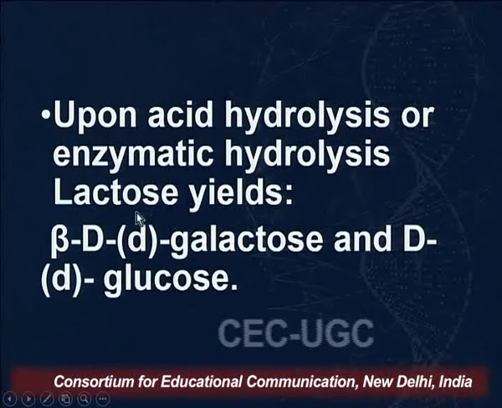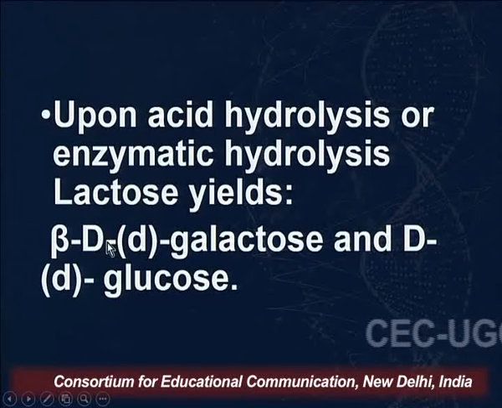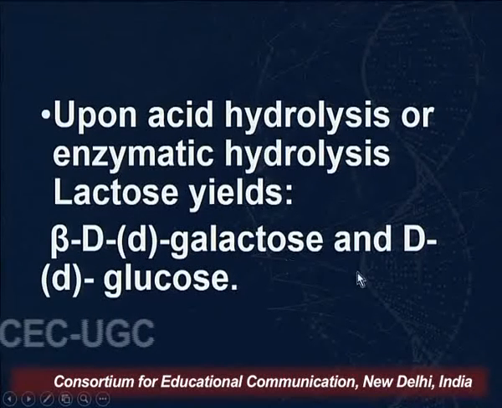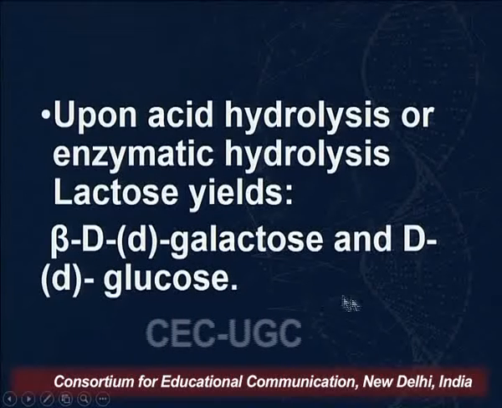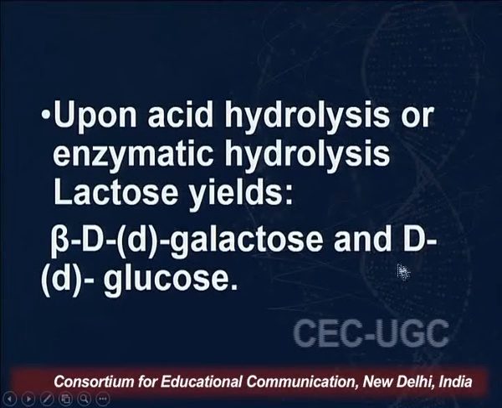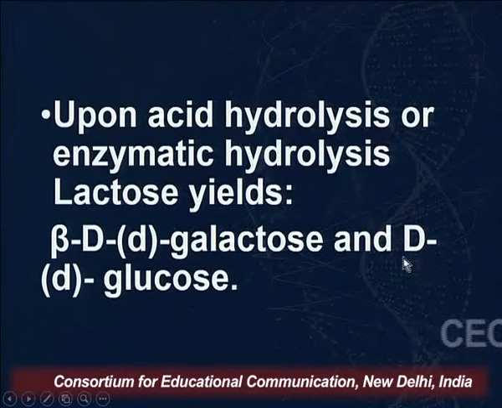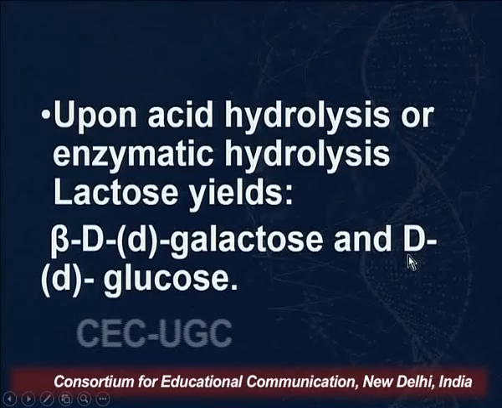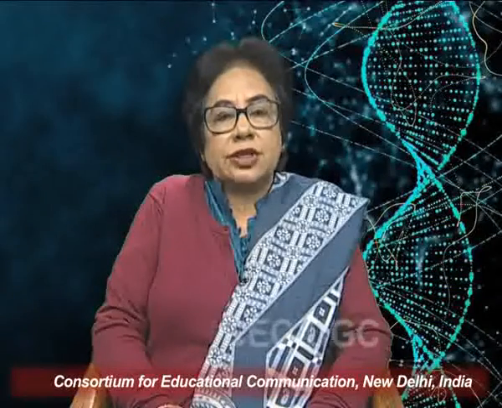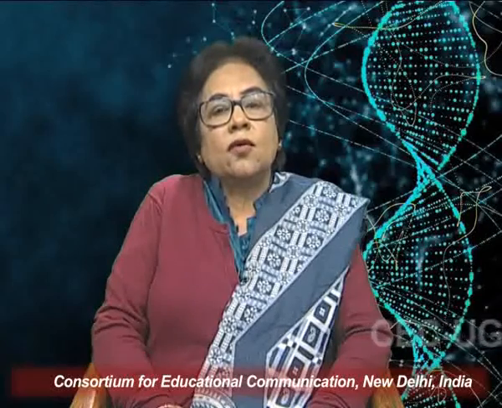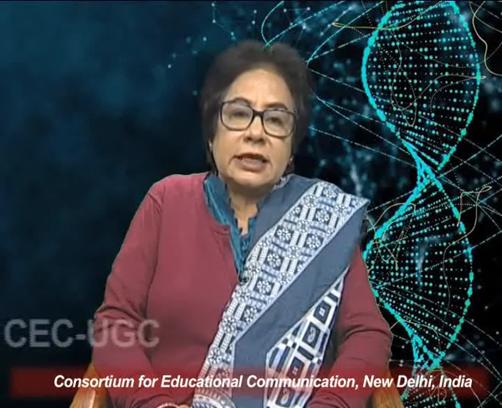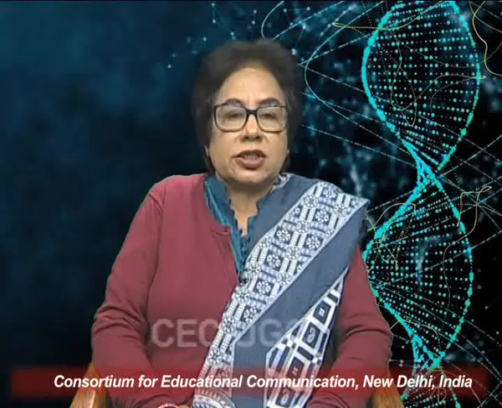So the bond is being formed between beta D-galactose and D-glucose. D here is again referring to the relative configuration, that is the OH at the highest numbered asymmetric carbon in the molecule of glucose will be on the right hand side. This d is indicating that the molecule is dextrorotatory.